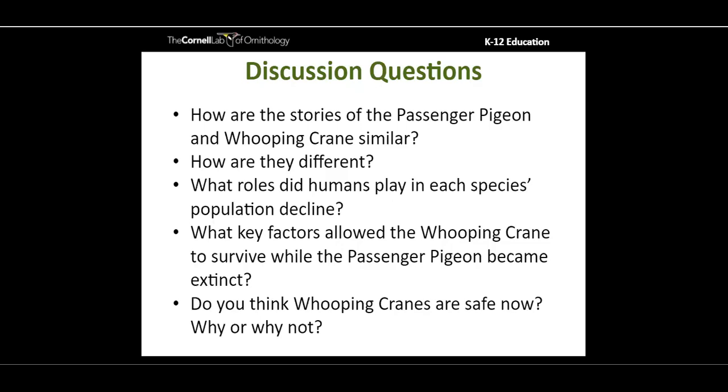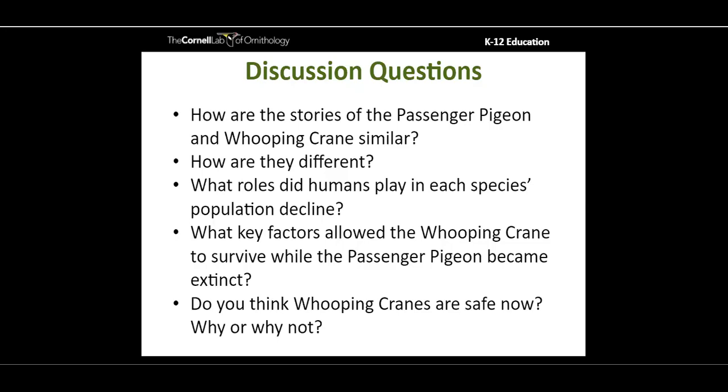And we can see that they both also had challenges with replacing their depleted numbers because they were slow to breed. So we can see that humans played a role in their decline, but we can also see that efforts were made to save them because of differing biologies. However, there were different outcomes.